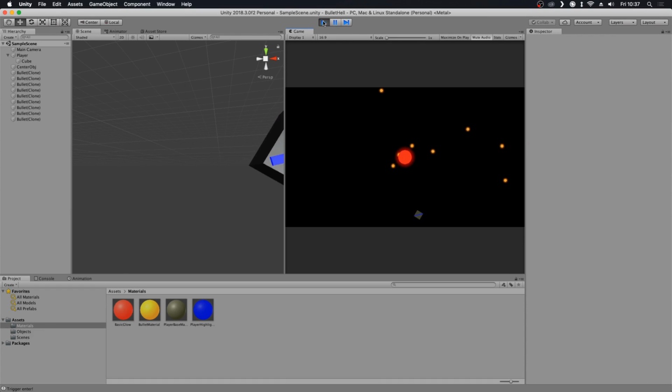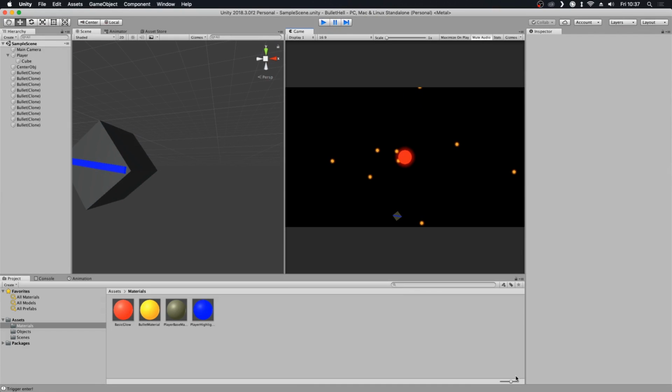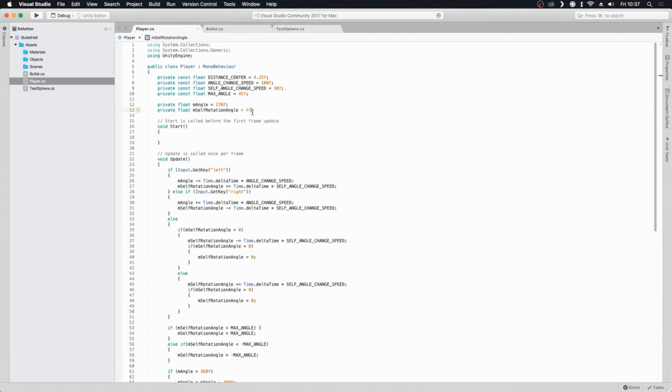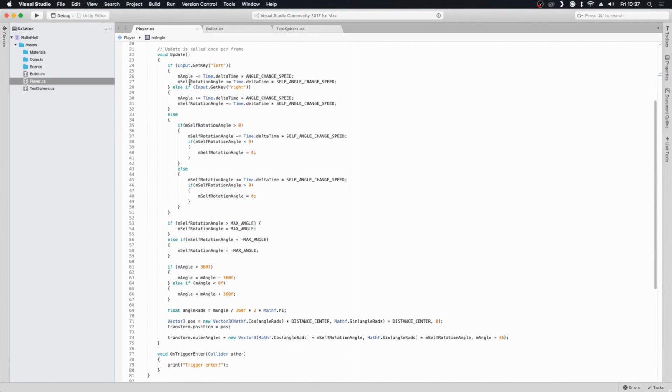So that's rotating the other way around. Okay, other than that, it seems to rotate correctly. So this should just be a matter of swapping these out.